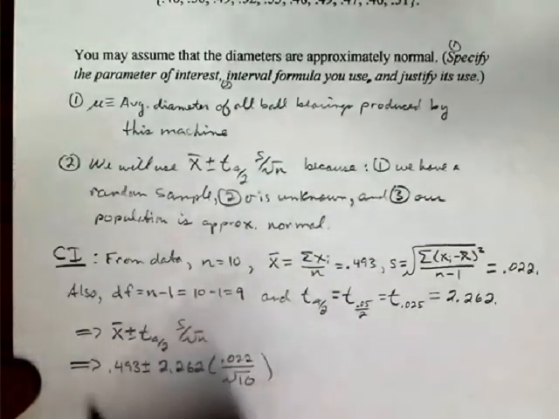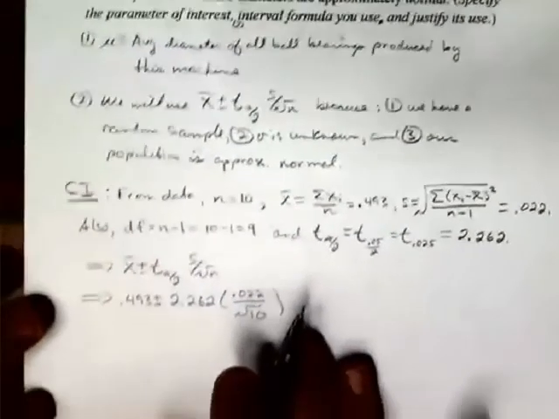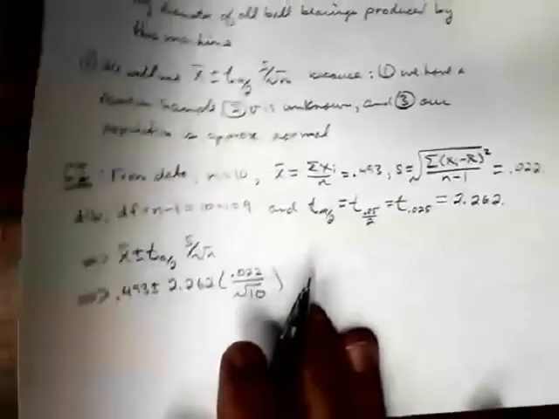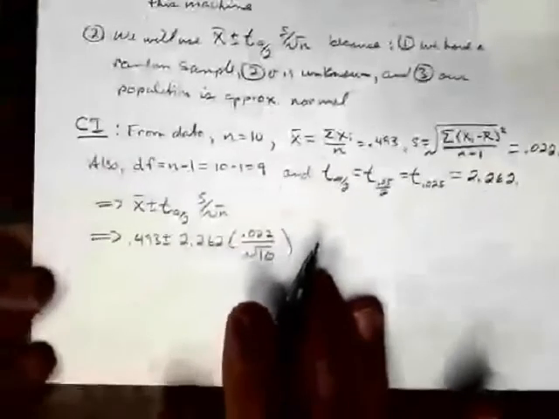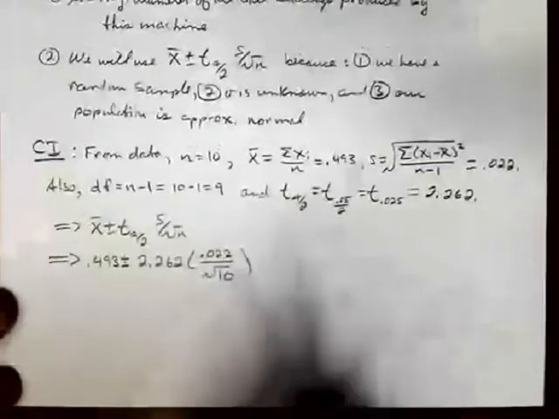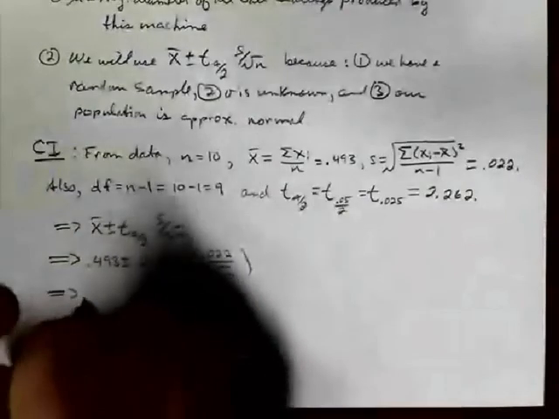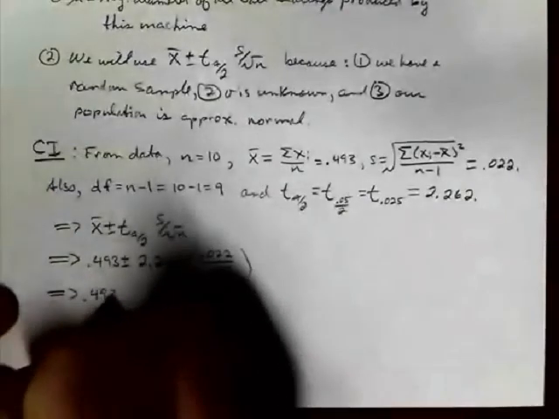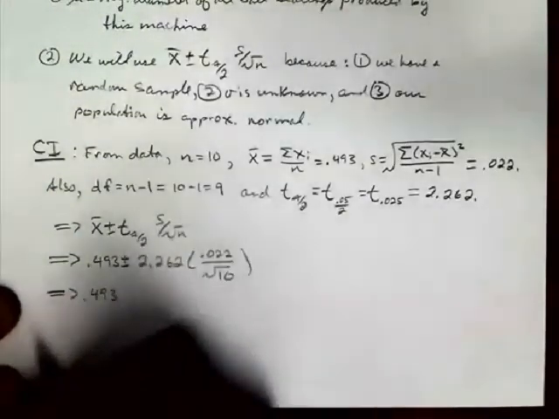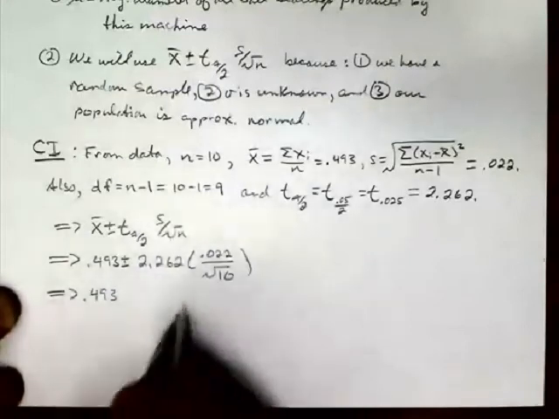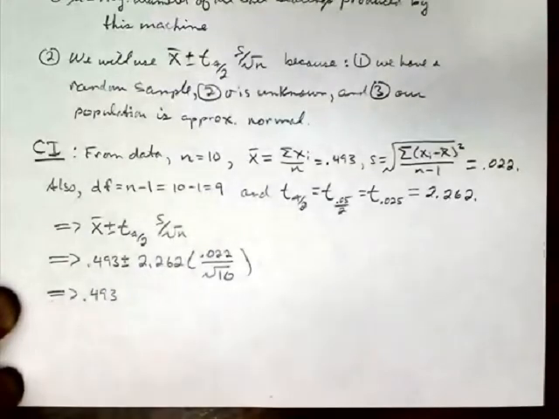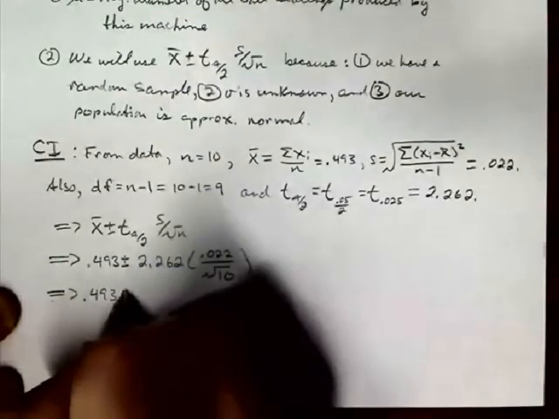Okay, so just plug it in there. Now let's begin to simplify. Here we go. So 0.493 is my sample mean. Based on it, I'm going to add and subtract a little bit to try to infer something about the population mean. Okay.